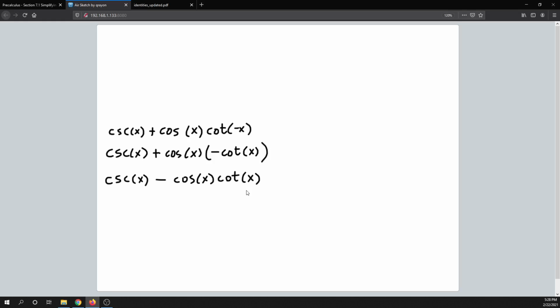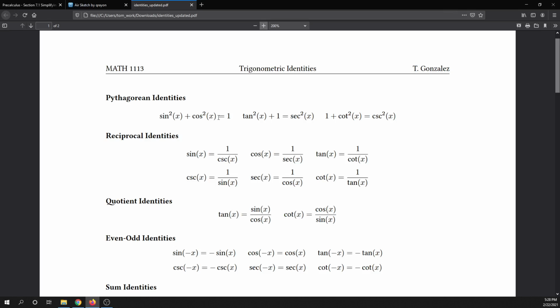Okay, so next up is I want to look at reducing some of these other trig functions. Cosine, there's really nothing I can do with that to make that any simpler, right? But cotangent and cosecant, looking at the identities, I can see that cotangent is cosine over sine, right?